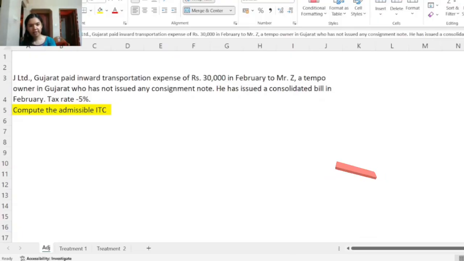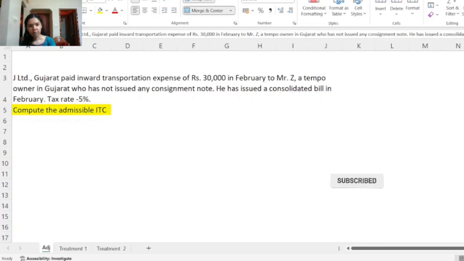So now whenever we get such a question, the first thing that we must check is whether this is an inward supply or an outward supply. Here clearly it's an inward supply because J Limited is receiving the transportation service. So now we will see the treatment for this. What is the usually wrong treatment that is given by the student in exam and what is the right treatment? Both we'll see.